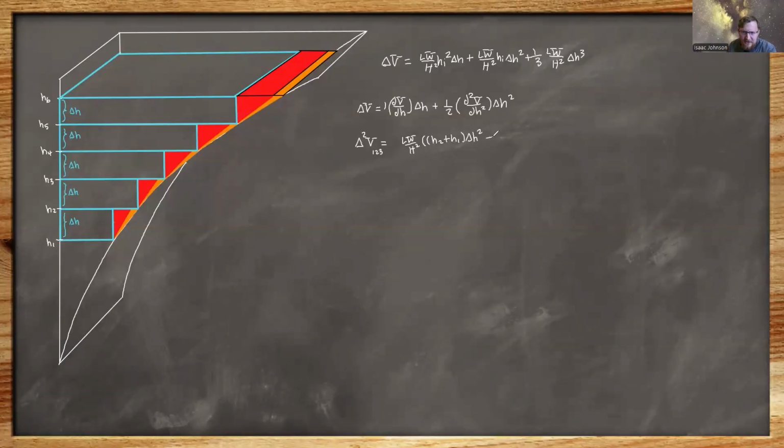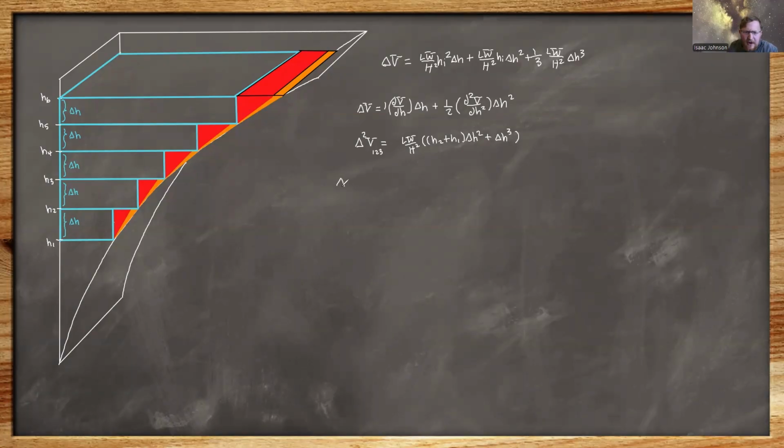Or no, times just delta h plus, or wait, no, it was squared. Plus just delta h cubed. And we decided when we took that second difference and we turned it into the second derivative that we could approximately neglect that delta h cubed term.